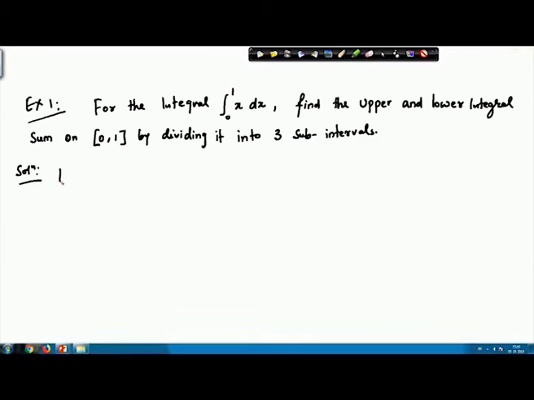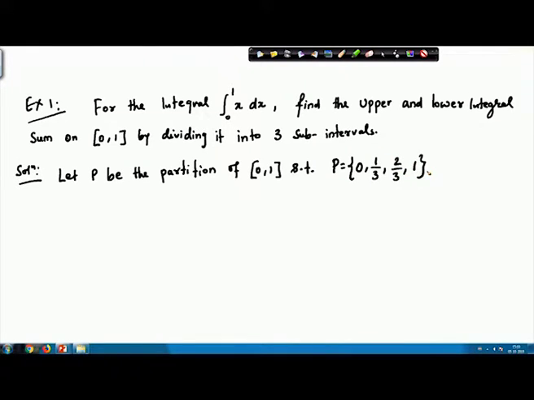So let P be the partition of 0 to 1 such that P is 0, 1 by 3, 2 by 3, and 1.